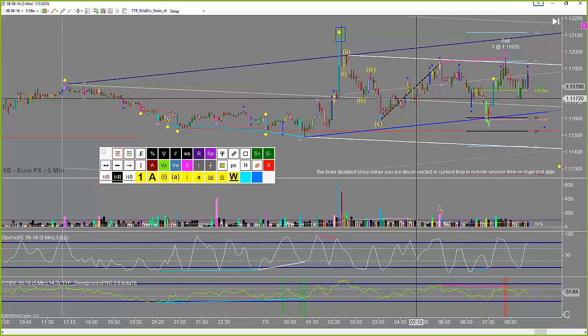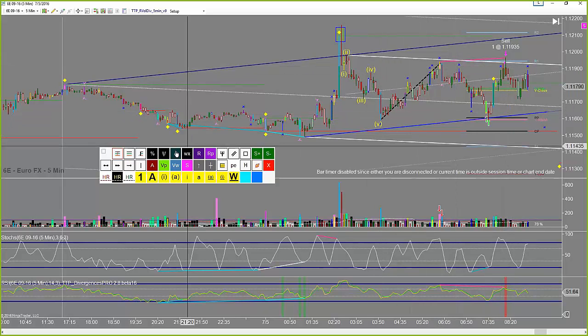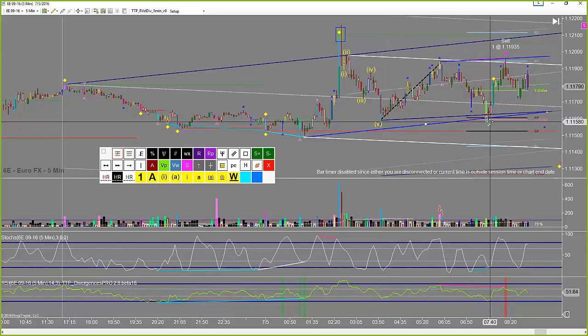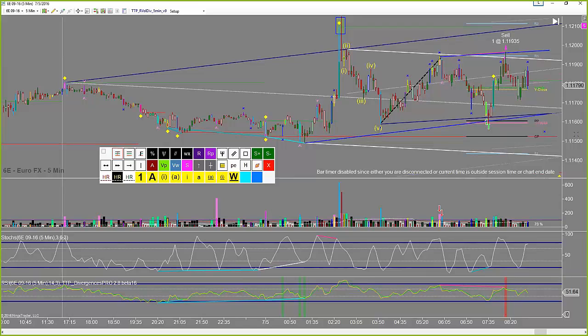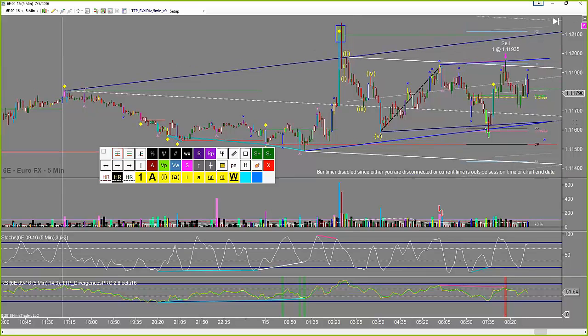But nonetheless, we get a beautiful ABC, which gives us that really clean, nice looking ABC correction for the lower high reentry on that reversal.